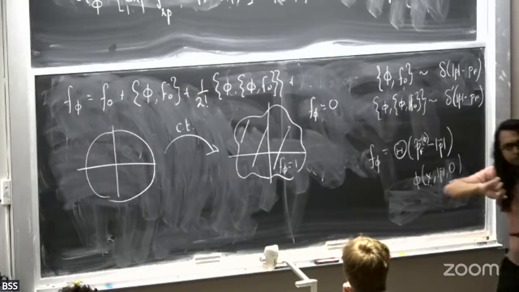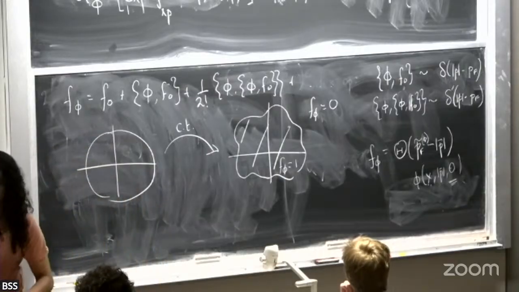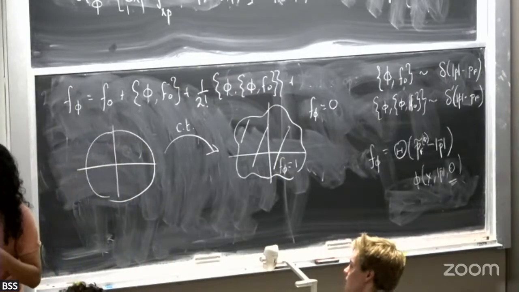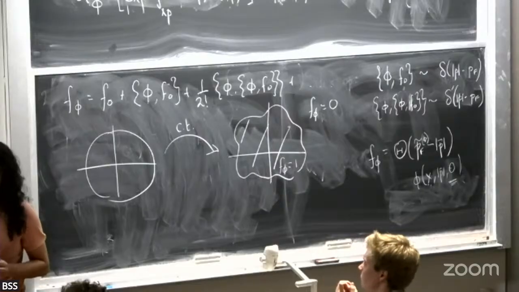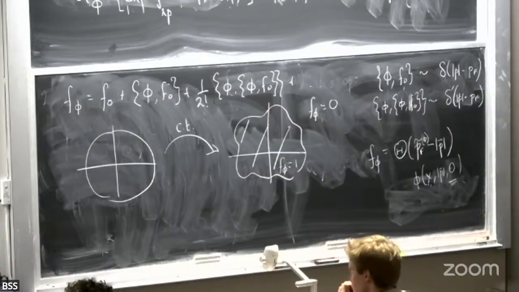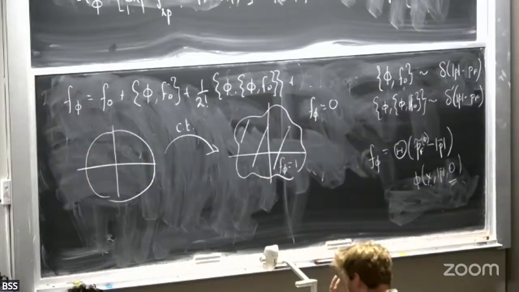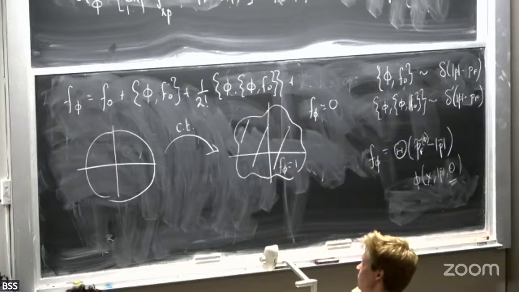Yeah, x and p are like a single particle phase space. But what I'm saying is that the phase space of Fermi liquids is this orbit of states related by canonical transformations.